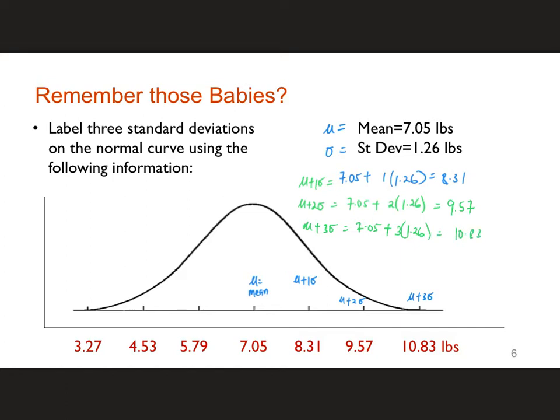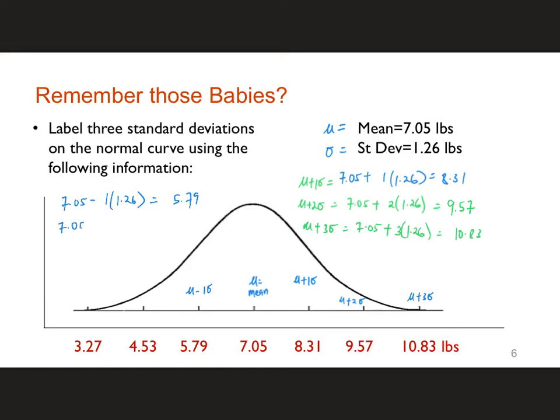Alright, so now moving to our left, we said a step to our left from the mean is 1 standard deviation below the mean. So in this case, instead of adding, we are subtracting. So we have 7.05 minus 1 times 1.26, and that gives us 5.79.